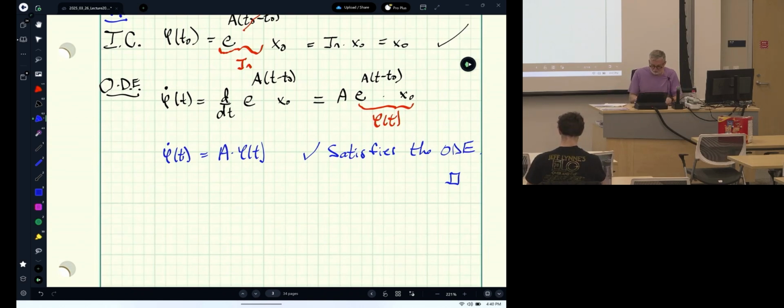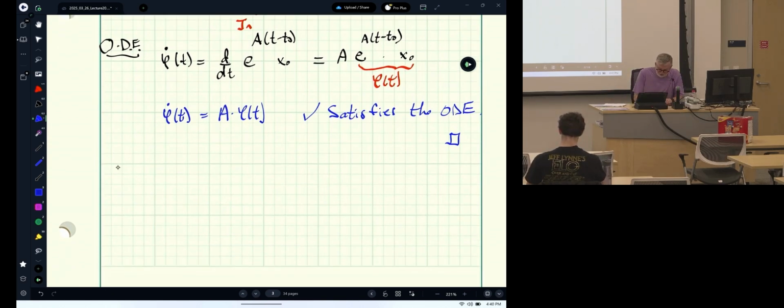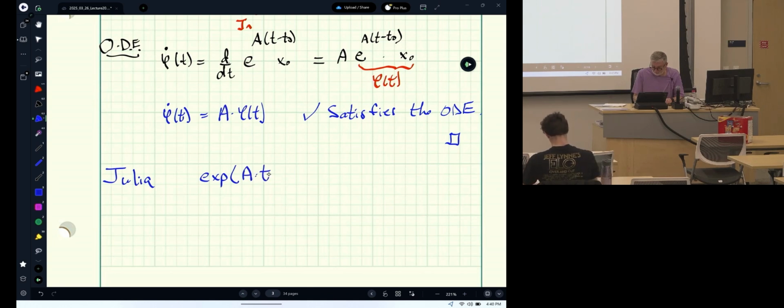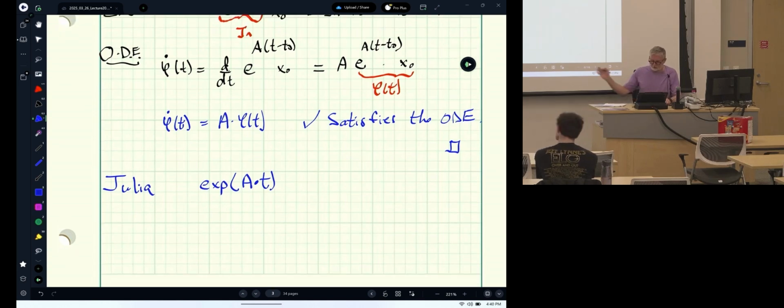And then in Julia, we can use the command exp. It is typed, so if we plug in an n by n matrix times a scalar, it will simply compute the matrix exponential, with A being a constant and t being a constant, but we just vary t in a for loop or a comprehension, and then we get the values.